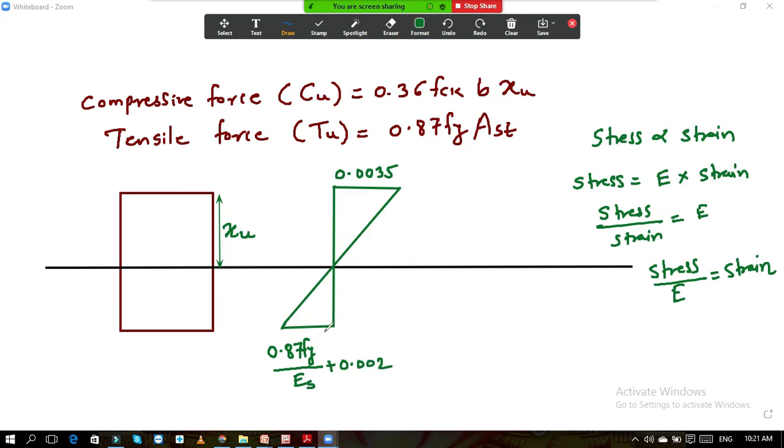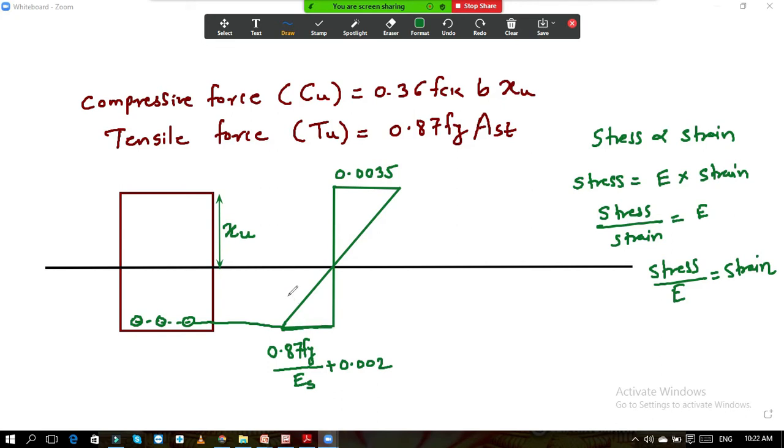This is the maximum strain at this tensile fiber where the bars are provided. So let us see, the bars are provided at these points and this is the level. Okay, so at this level, this maximum tensile stress is there, where the tensile reinforcement is provided.